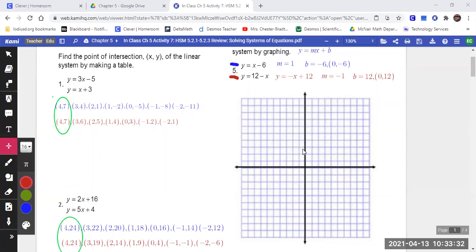Count how many lines up we have. If I start right here, 1, 2, 3, 4, how many blue? We have 10, but we need to be able to go up to what?